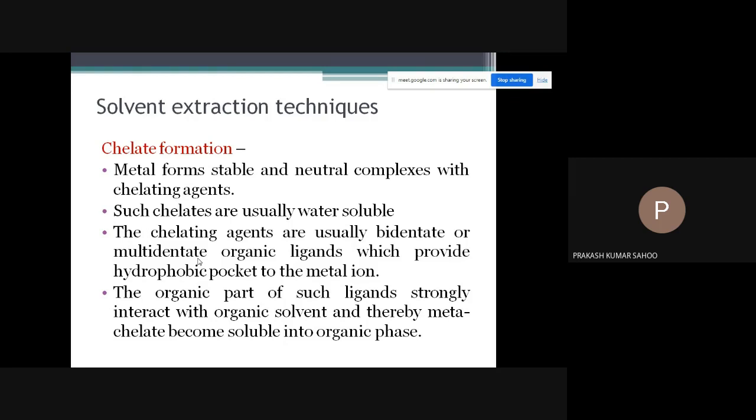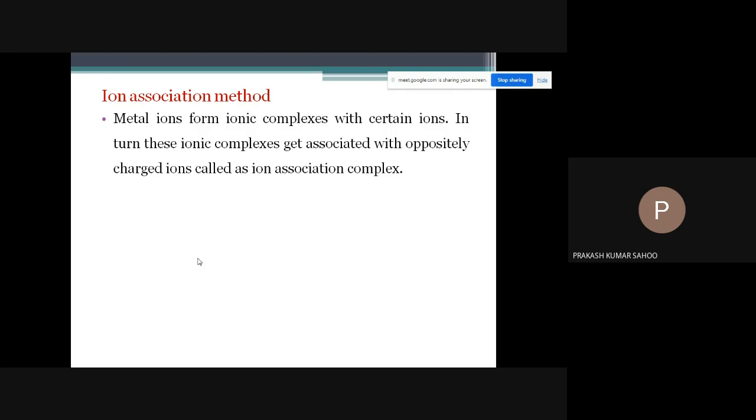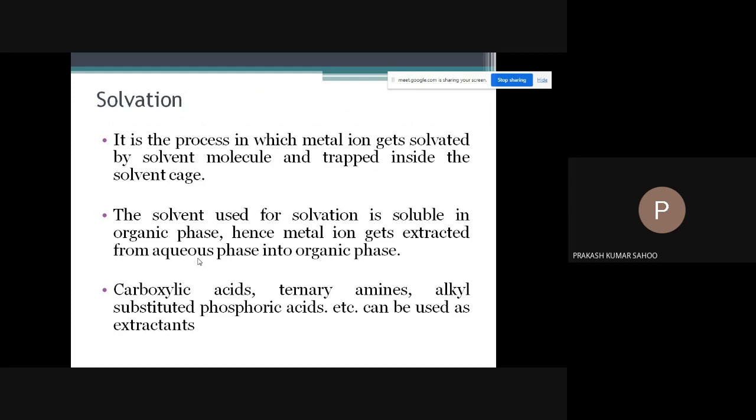Okay. Then we have the ion association method, where ions get associated with oppositely charged metal ions. Then we have the solvation part. It is the process in which the metal ion gets solvated by solvent molecules and trapped inside the solvent cage. The solvent used for solvation is soluble in the organic phase. Hence, the metal ion gets extracted from the aqueous phase into the organic phase.